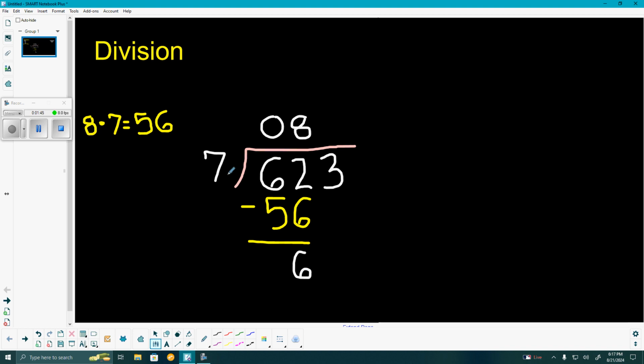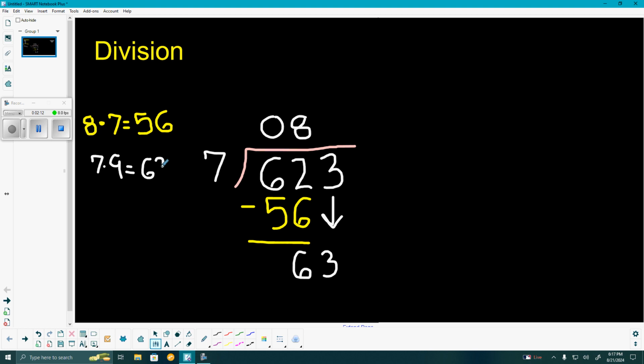Now, again, 7 cannot go into 6. It is time to bring down my 3, making this 63. And I know that 7 can go into 63 9 times, because 7 times 9 is 63.